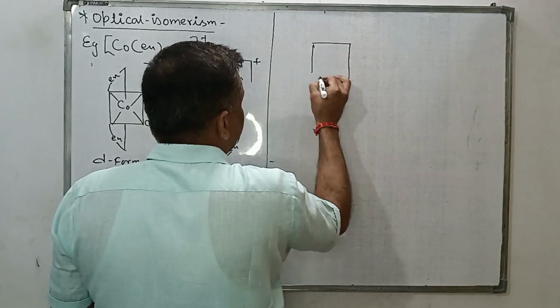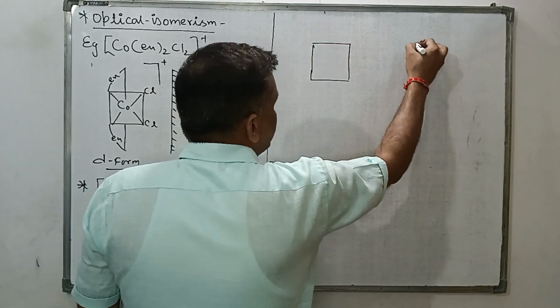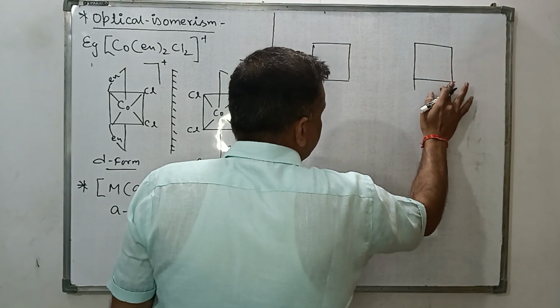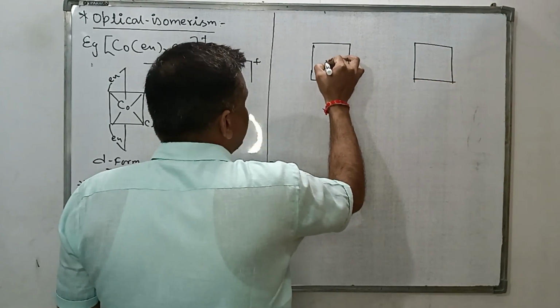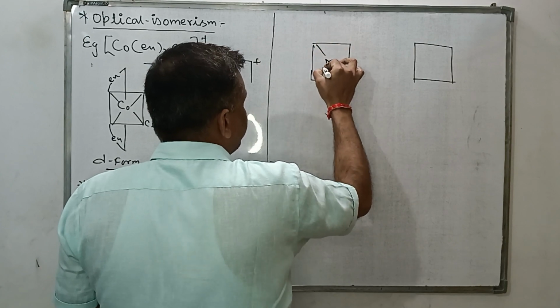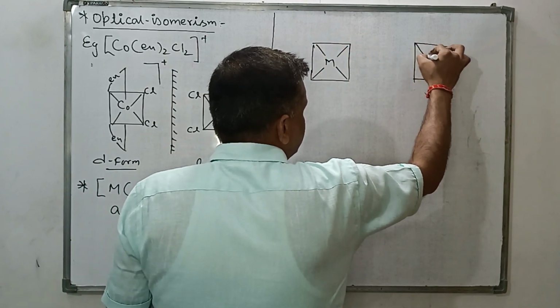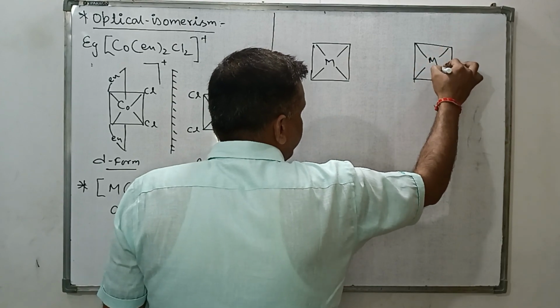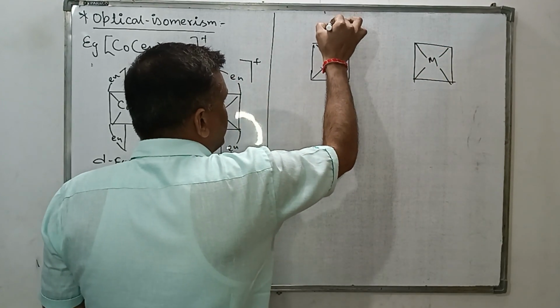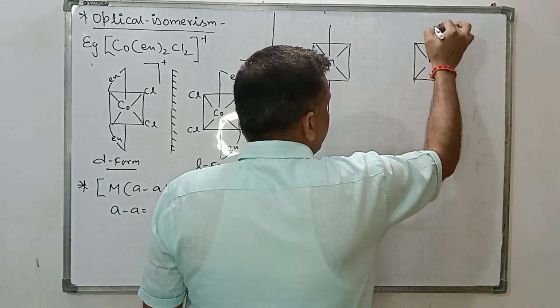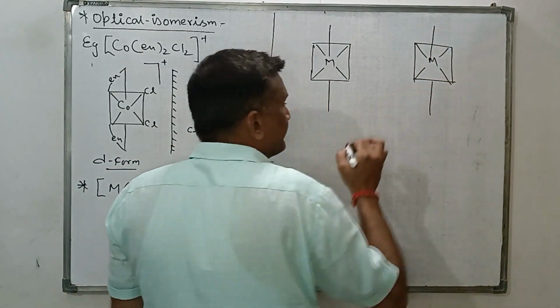Regarding this, it will be as follows. This is one of the forms. This is the other, and this is the central metal atom M. This is the central metal atom M. This is above the plane, below the plane, above the plane and below the plane.